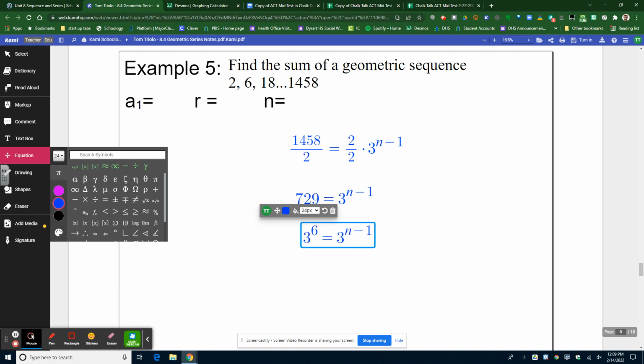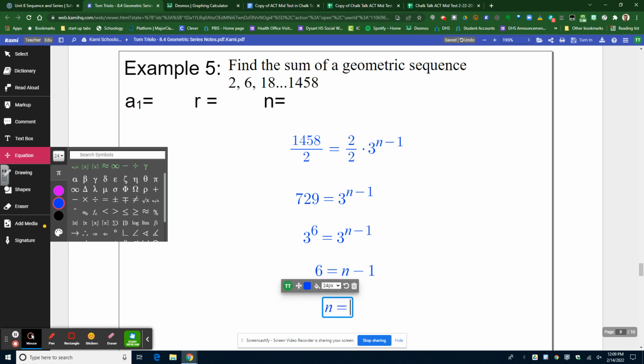Okay? So now, when my bases are the same, exponents are the same, so n is equal to 7. That means there's 7 numbers in my sequence. You do the rest. Use the formula. Okay? So now that you have n, use the formula to find the sum.